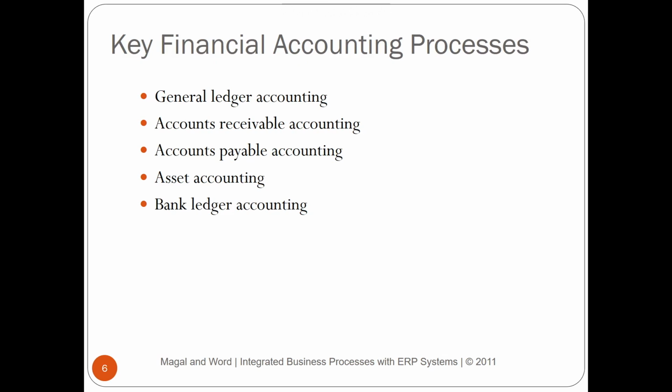So these are the processes in financial accounting. The first one is general ledger accounting, the second is accounts receivable accounting, then accounts payable accounting, asset accounting, and bank ledger accounting. The general ledger, or GL, is used to record the financial impact of the business process steps, and it contains most of the data needed for financial reporting.